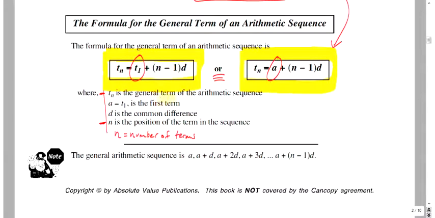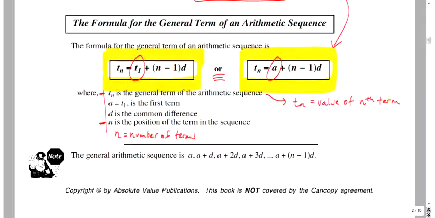Tn is the general term of the arithmetic sequence, or the value of the nth term. Might be helpful if you remember that.